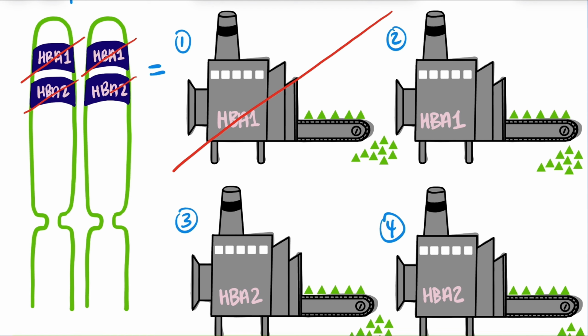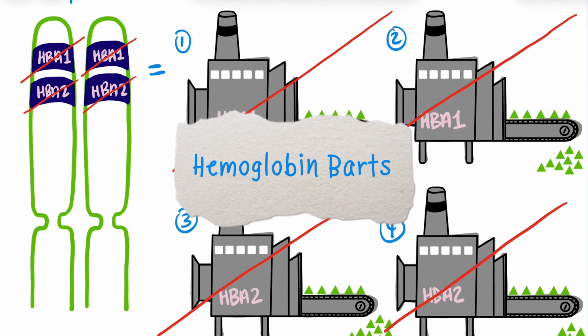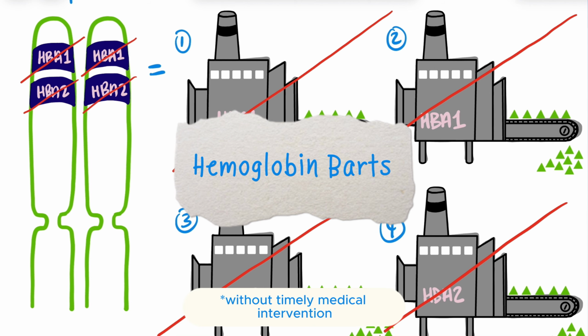On the opposite end of the spectrum, there is alpha thalassemia major, where both copies of HBA1 and HBA2 are deleted, and there is no production of alpha globin chains at all. In this case, the hemoglobin being formed is an abnormal variant called hemoglobin Bart's, and people with this condition die shortly after birth or are stillborn.